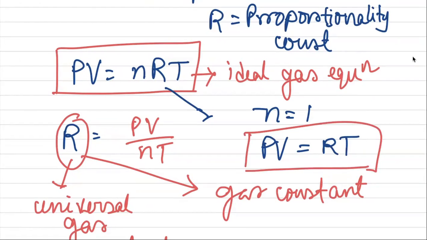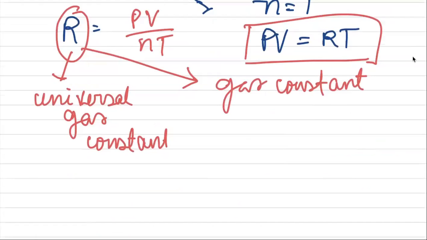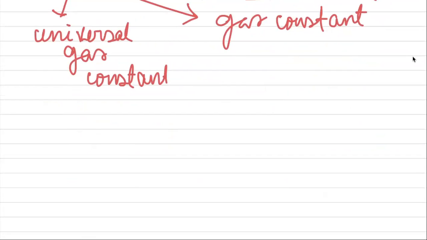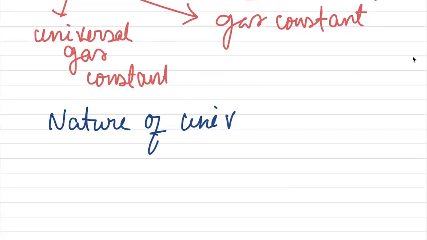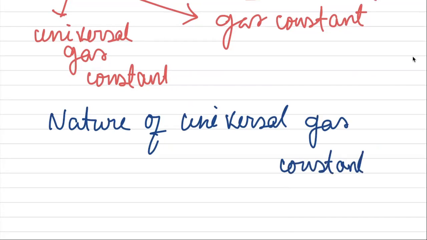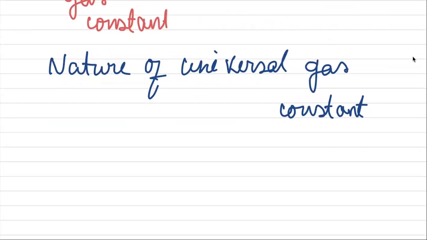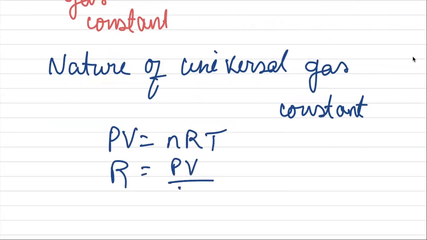Now, our next topic is the nature of the universal gas constant. So we know that PV equals nRT, R equals PV by nT.